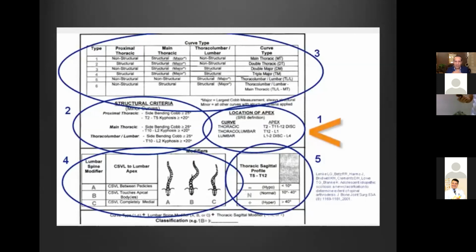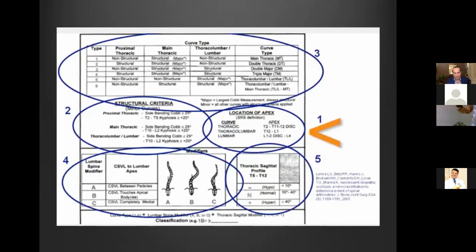Even the thoracic we divide into the proximal thoracic, from T2 to T5, and the main thoracic, from T5 to T12. Then we have the thoracolumbar from T12 to L1, and the lumbar, from the disc space of L1-L2 to L4.